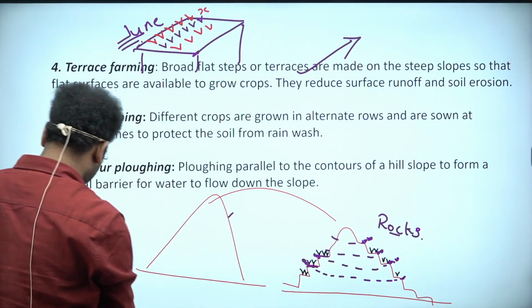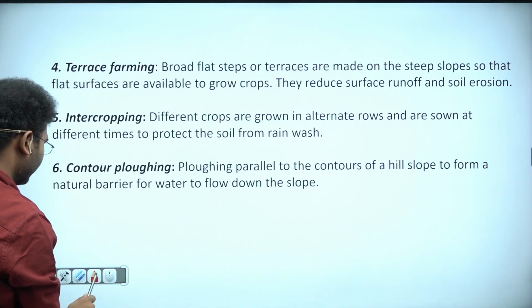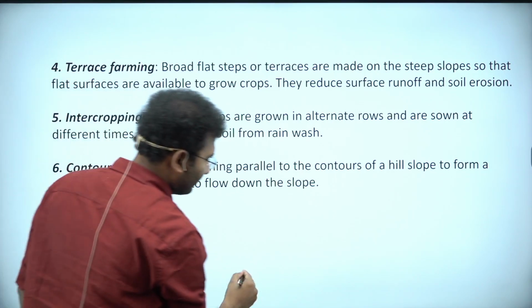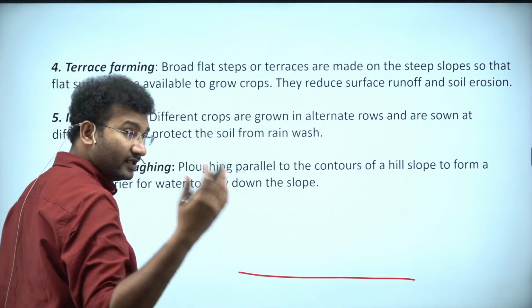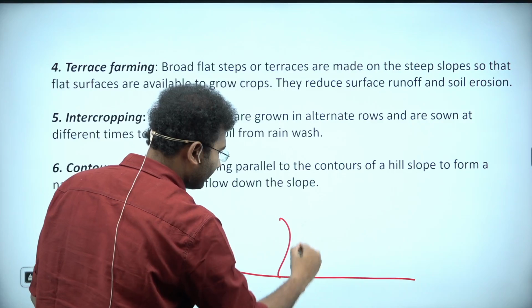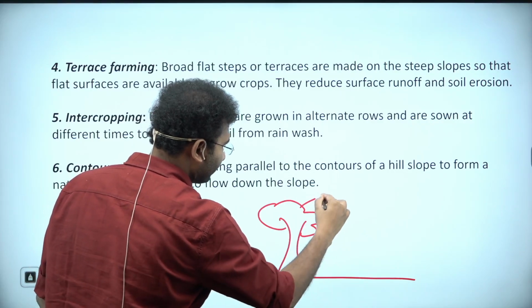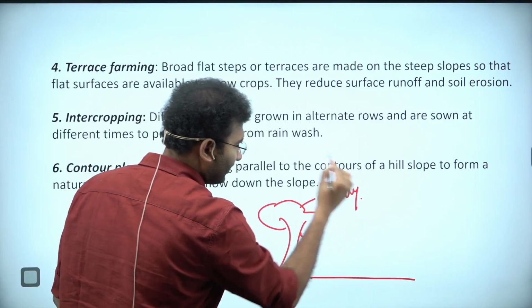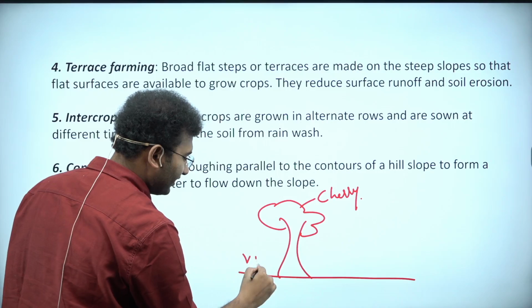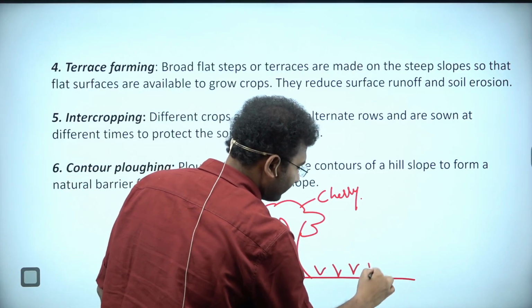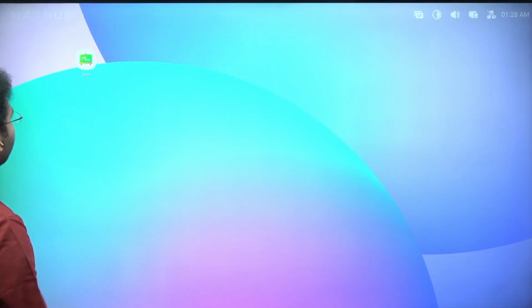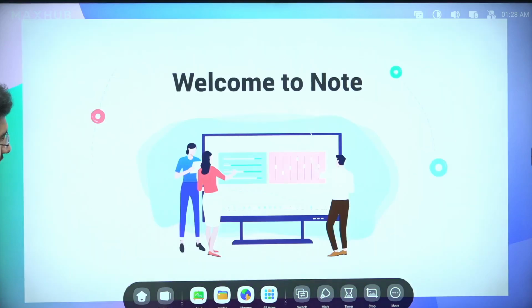For example, you can go for a mango plantation. Let's say in the mountainous regions, they go for cherry, right? And here you might do some vegetables growth.